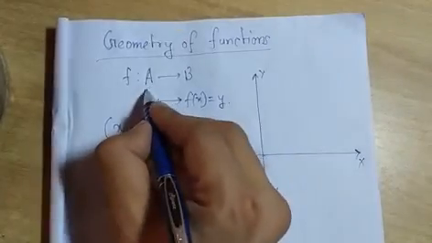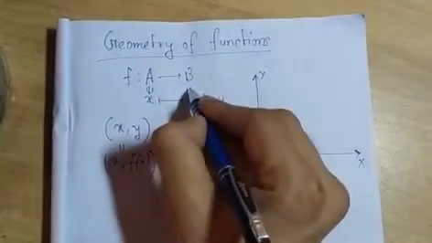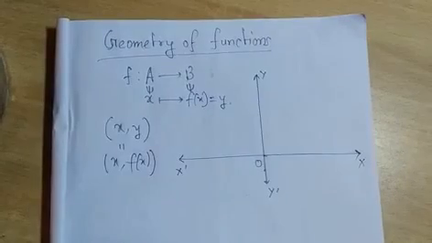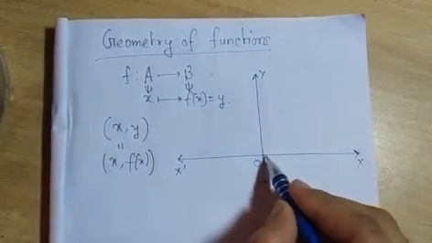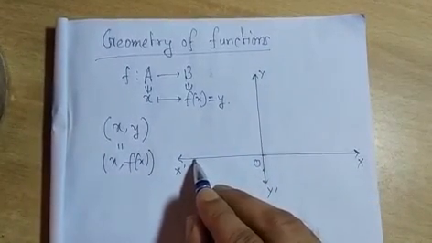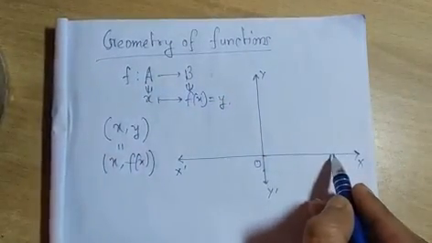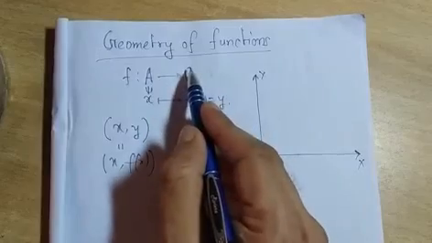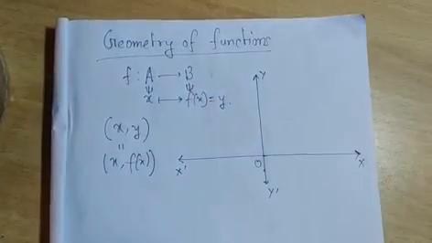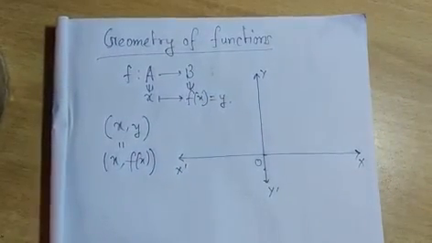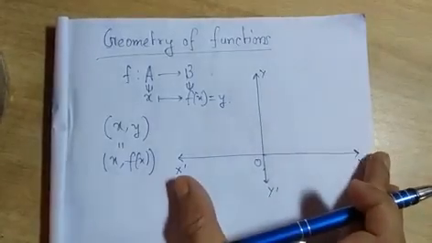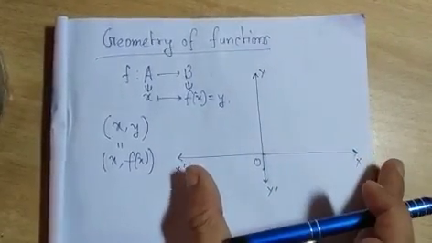That means since x is coming from A and f(x), or y, is coming from B, we can say that all the values of x will lie on the x-axis. That is, the domain is lying on the x-axis and the codomain will be lying on the y-axis. Now in the case of real functions, the domain is some subset of the real numbers.